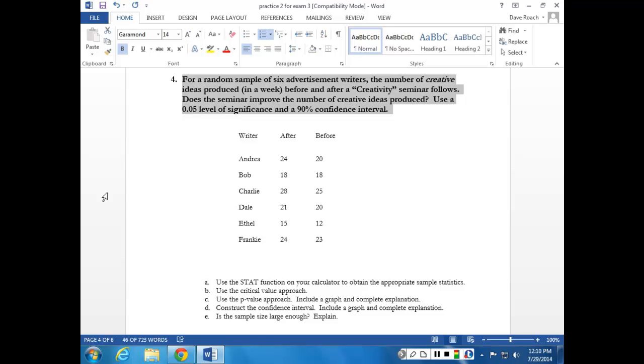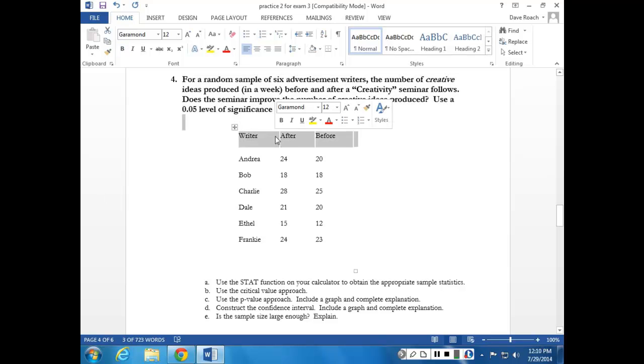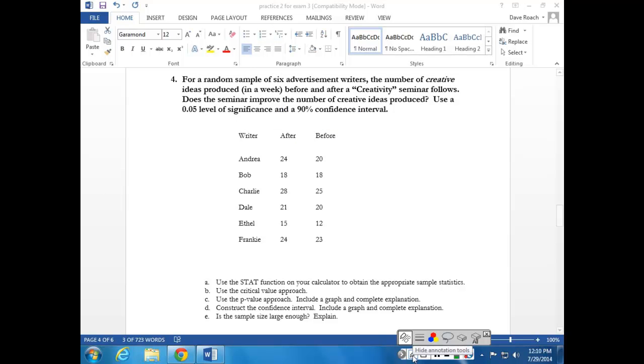So anyway, for these last few, I want to go through and make sure that we have what to look for in the problem and what kind of problem it is. Well, on this one, as soon as you see something like after minus before, pre-test, post-test, game over, this is matched pairs.